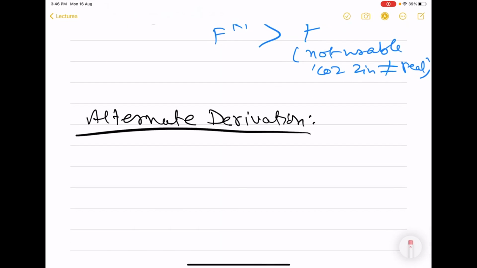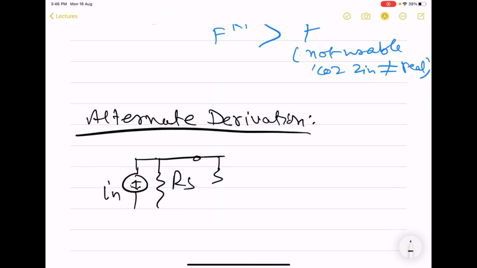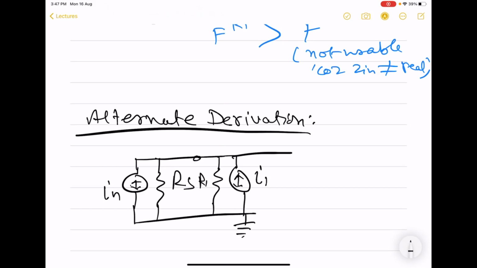So in this case, we have the current source due to RS, IN, then the current source due to R1, and all these four are grounded. And here we have the drain current source.